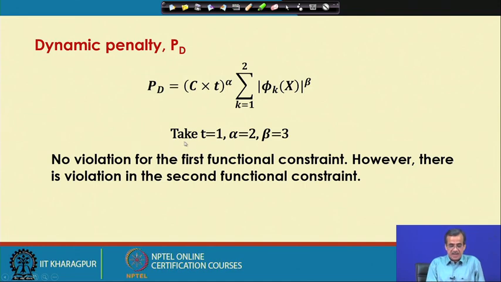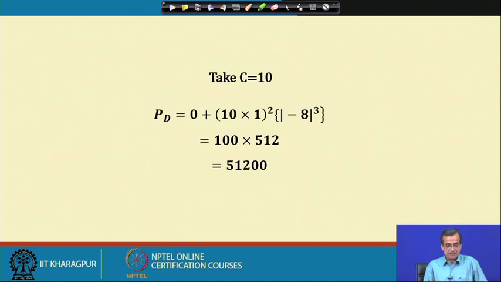Let me assume that T equals 1, that is the next generation, alpha equals 2, beta equals 3. Using this we can find the penalty term for the second functional constraint, and for the first functional constraint there is no violation, so the penalty term will be equal to 0.